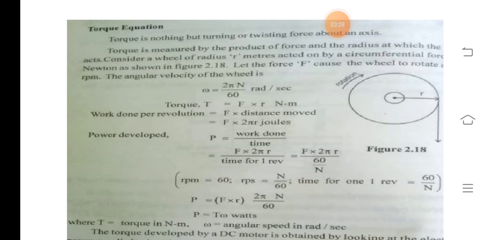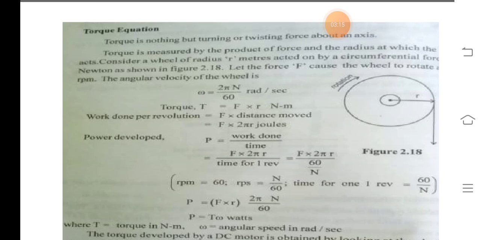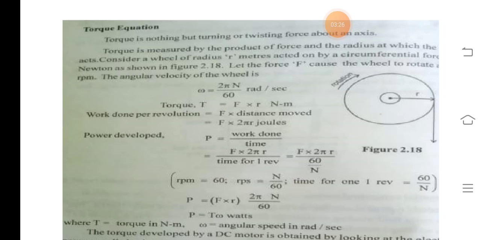Okay, work done is F into 2 pi r, divided by time. For 1 revolution, time is 60 by N, where N is speed in RPM. RPM is a speed unit.